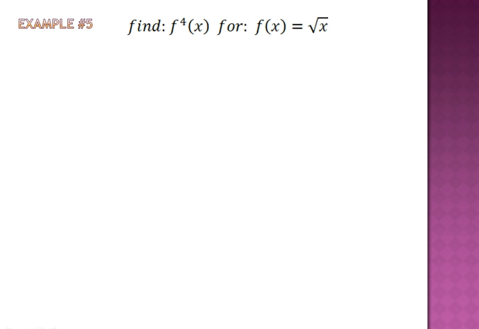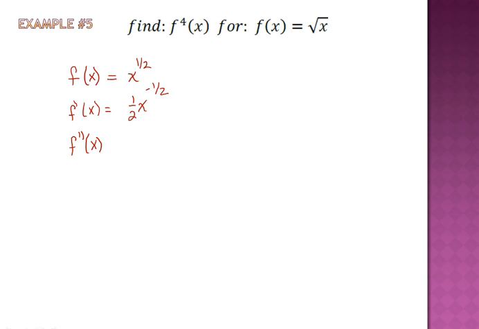So let's find the fourth derivative of f of x equals root x. I know I need to write it in a way that I can use my power rule. So I'm rewriting f of x is equal to x to the 1/2. So when I take f prime, I get 1/2 x, then subtracting 1 from my exponent, I get negative 1/2 as my exponent. I'm not going to simplify that until the very end.